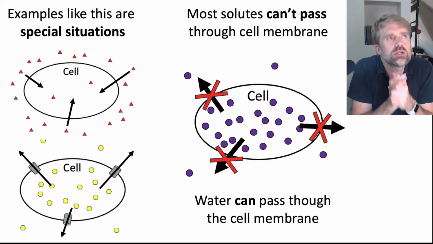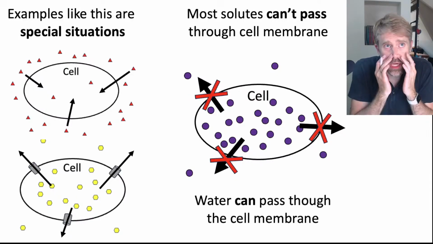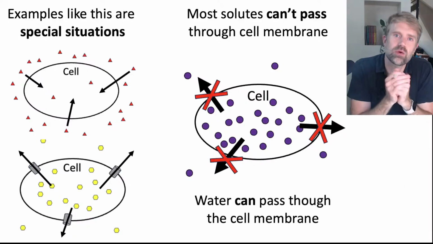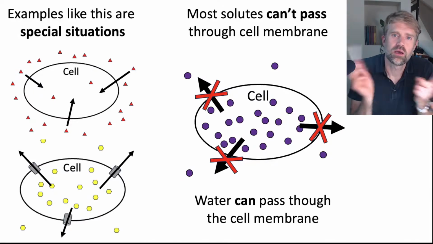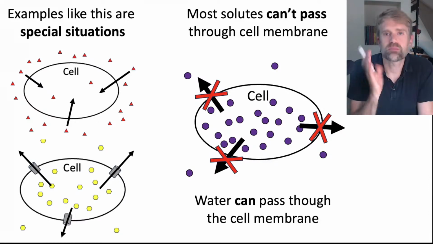So to really understand osmosis, you got to imagine that the cell is filled with lots of solute that can't get out. And when we talk about situations like stuff easily diffusing into and out of a cell, it's important, but that's not the norm.